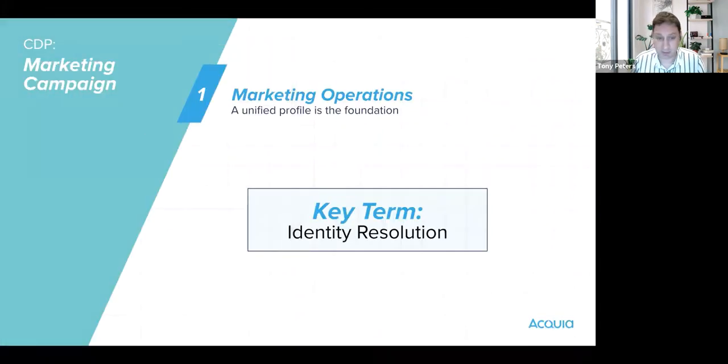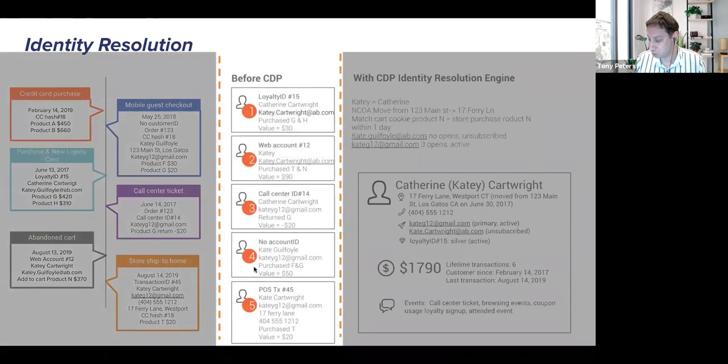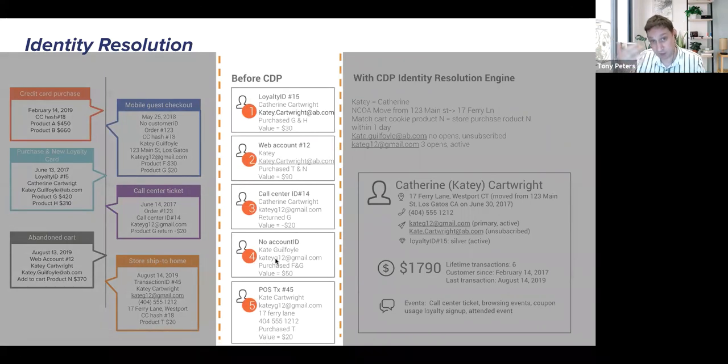So let's go back to our deck, and we've got an example of that identity resolution, with credit card purchases, new loyalty card, abandoned cart, ship to home, those types of things. If it was before the CDP came in, this instance would actually have 5 different profiles within the system, because we've got different email addresses. We've got maybe an anonymous one, but they're using a credit card, and it could be a unique identifier.